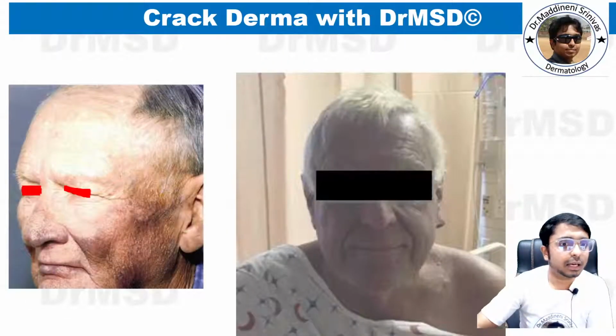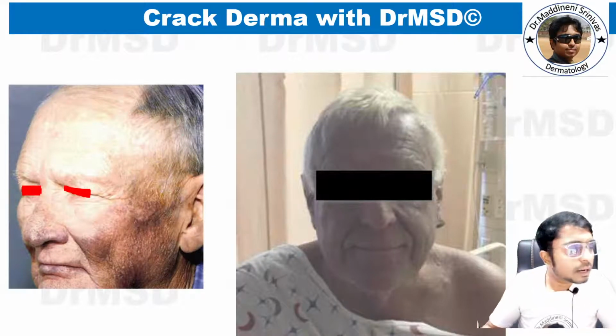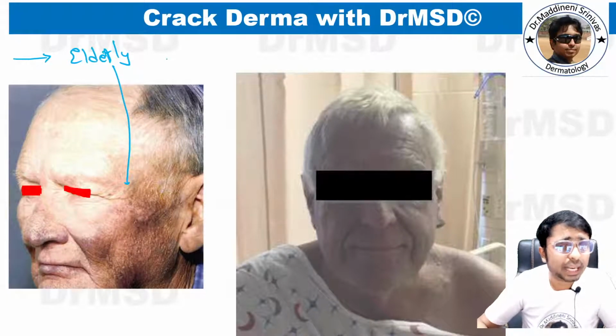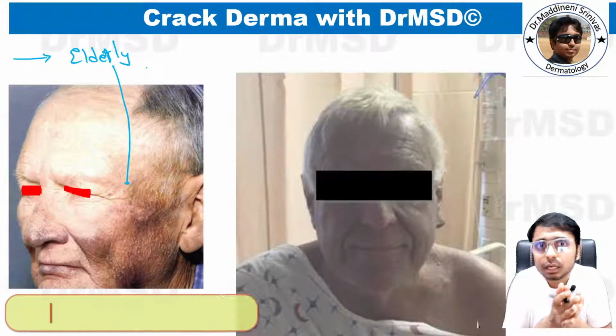And yes, I was told that this question was given. An elderly man came with the complaints of this kind of pigmentation, which is looking like a somewhat gray colored pigmentation.